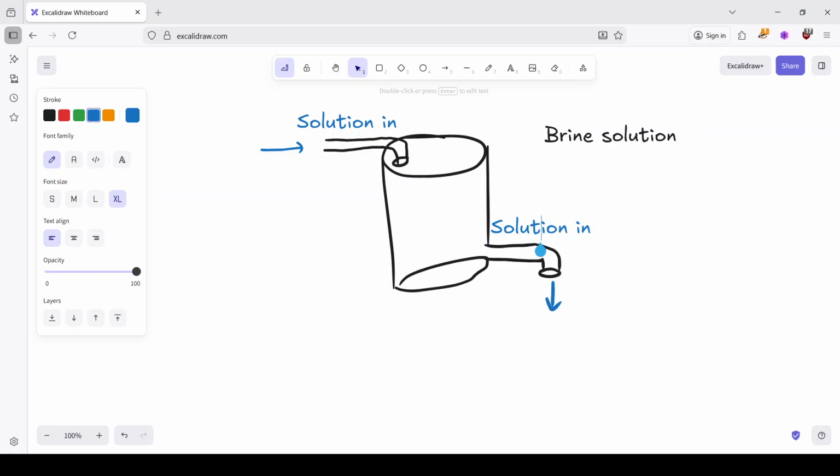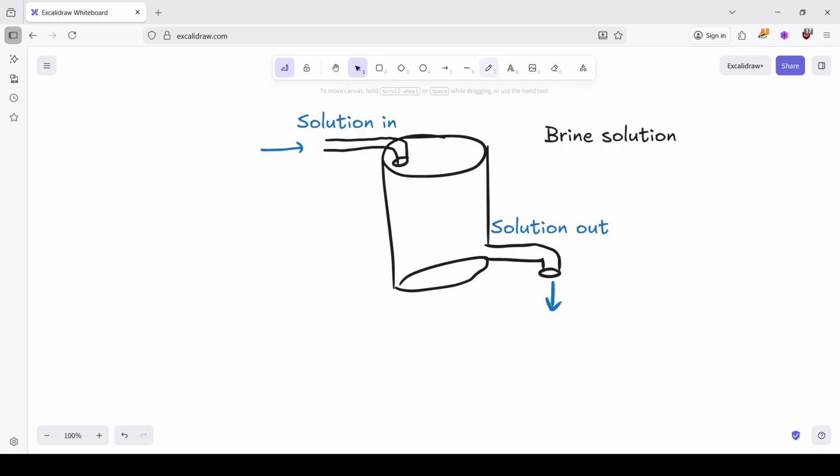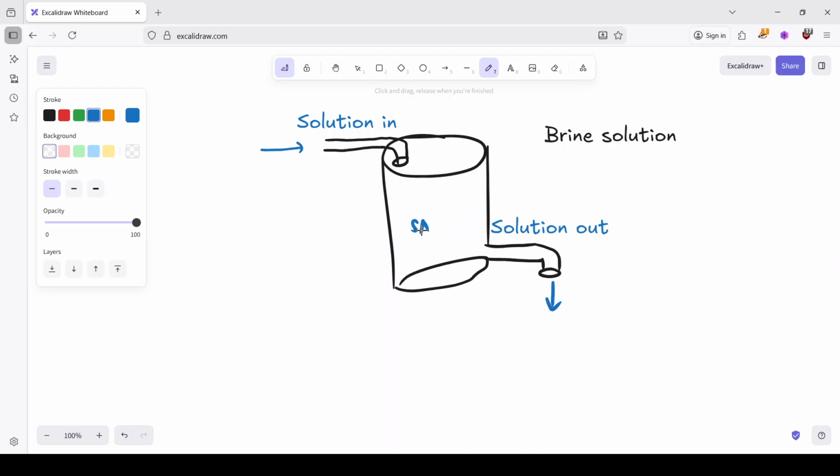So if inside the tank there is an amount of salt and you want to increase the amount of salt, you close this valve and introduce a new solution, especially if the tank is already almost full.